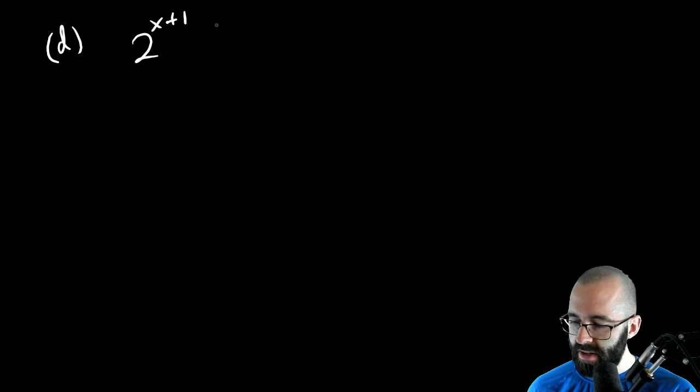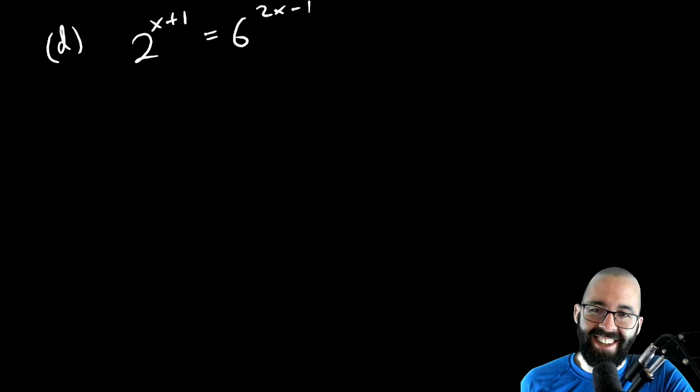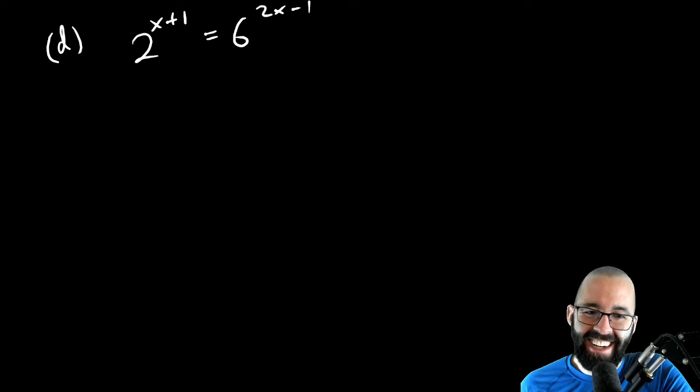2^(x+1) = 6^(2x-1). I hate these. I'm going to be honest with you guys. These are the worst. We want to isolate the exponential function. We have two exponential functions here, actually. So do we take log base 2 of both sides?